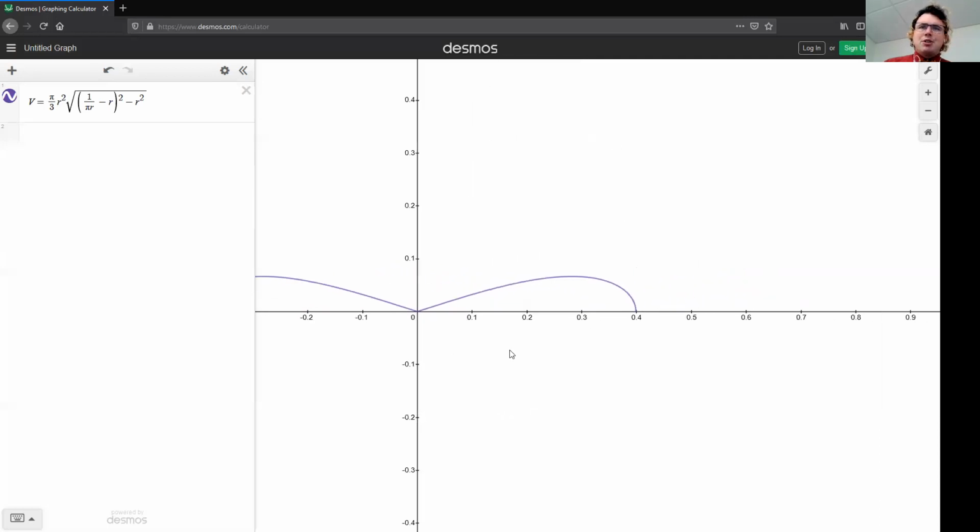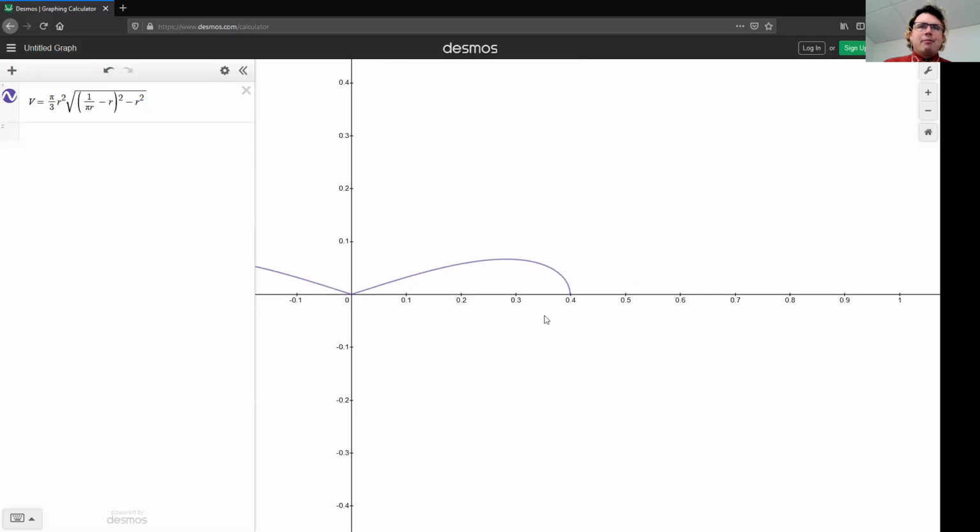So I'm only going to be concerned with what's on this half of the drawing. And I can see that there's some maximum here nearby to 0.3. So if you wanted to use a graphing system to help you with this problem, I can just click here. Desmos tells me my r value to find the maximum volume should be about 0.28.